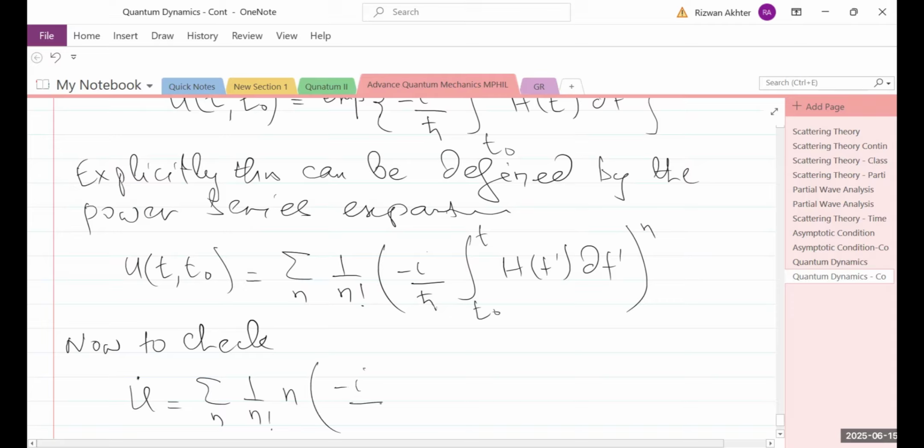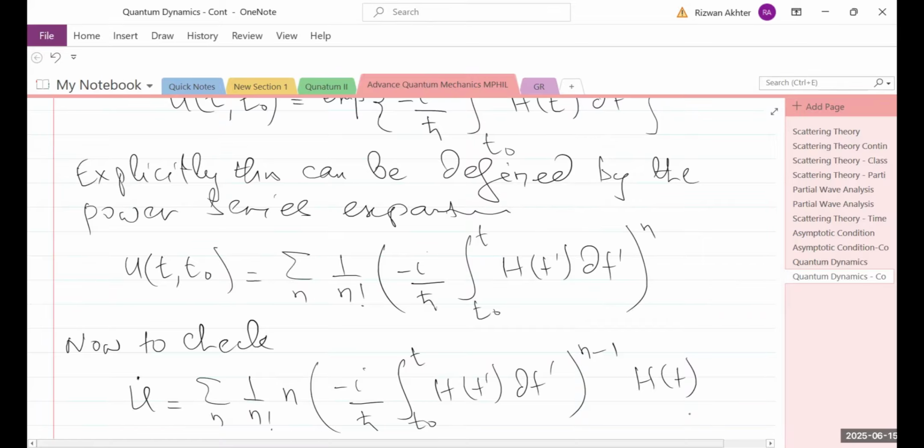We take minus iota over h bar, integral t naught to t, then h of t prime dt prime to the power n minus 1, of h of t. जब ब्रैकेट का डेरिवेटिव लेंगे तो ब्रैकेट का डेरिवेटिव क्या आ जाएगा, h of t आ जाएगा. सो u डॉट जो है वो बराबर हो गया किसके, h of t आपके पास मौजूद है.